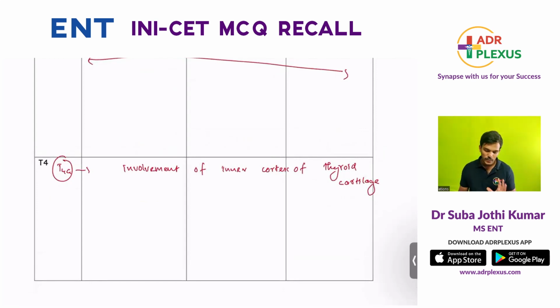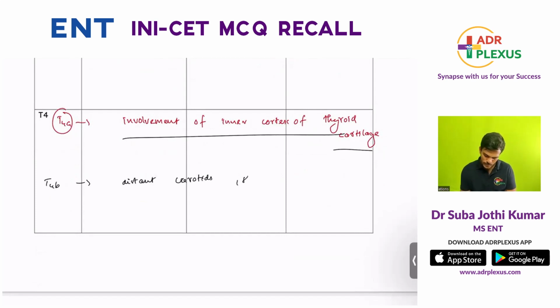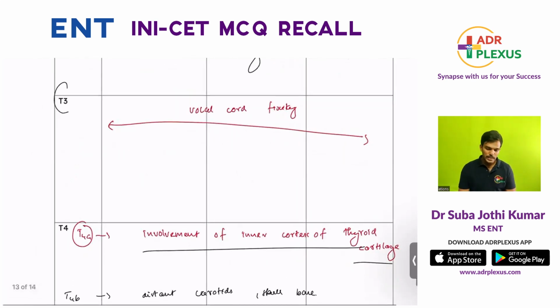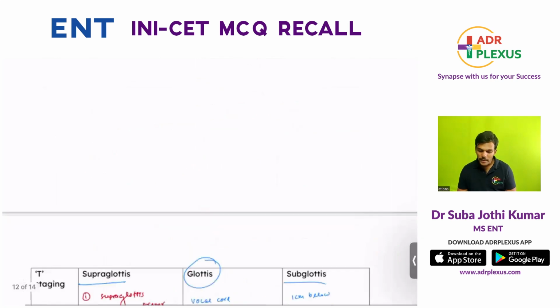So involvement of thyroid cartilage is there, it is T4. If there is distant involvement of carotids or skull base, it is T4B. Clear? So these two things are very important: whether you should look for vocal cord fixity and involvement of thyroid cartilage. Let's get back to the picture.